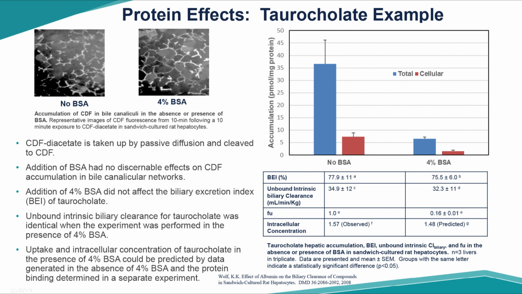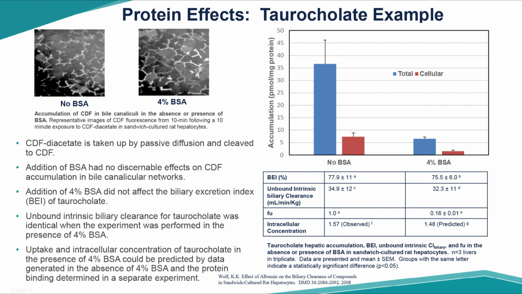There was no difference between the study done in the absence of protein and using a physiologic concentration of 4% bovine serum albumin. In addition, when we looked at some of the other parameters and normalized them for the protein binding, we were able to generate essentially the same numbers.